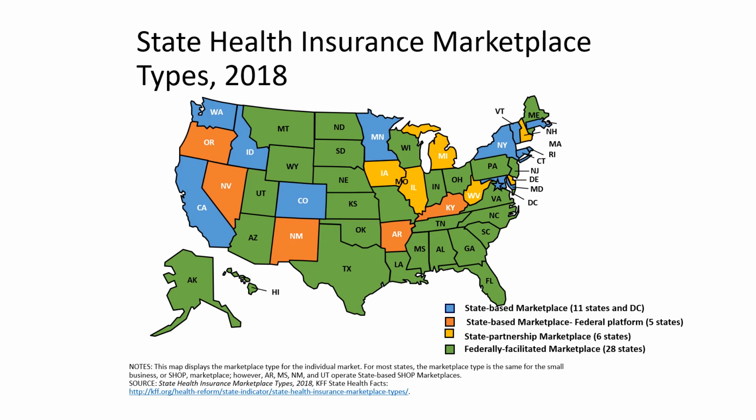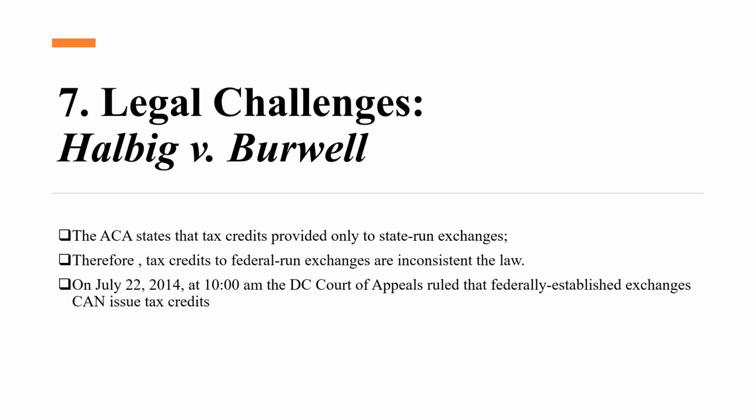But this led to some challenges within the federal courts. There was a case, Halbig versus Burwell. Ms. Burwell was the Secretary of the Department of Health and Human Services, so she was the one named in the suit, but it's really the federal government.